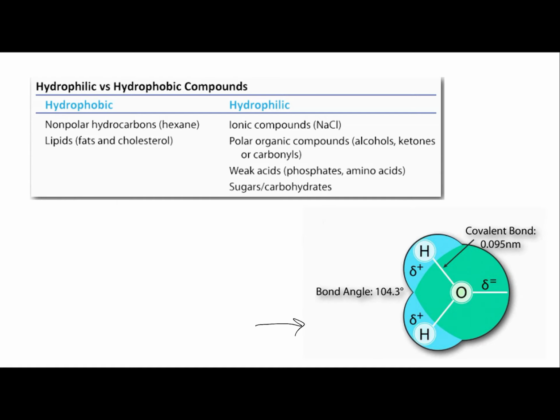There's a third term called amphiphilic, which refers to compounds that have both properties. So soaps, for example, and I'll show you a structure of soap here in a little bit, are amphiphilic. They have long nonpolar tails, and they have these shorter polar heads, but essentially they have groups belonging to both of these categories.